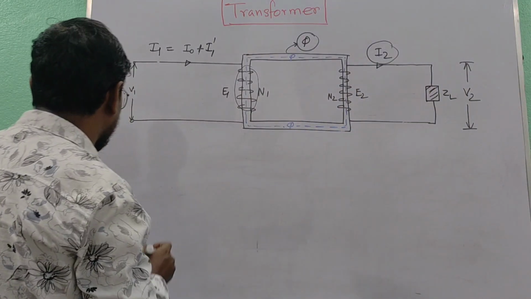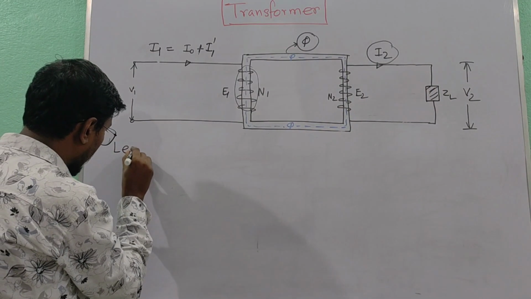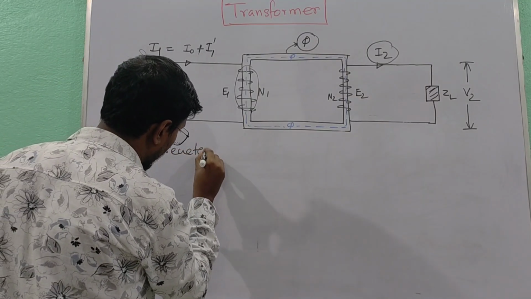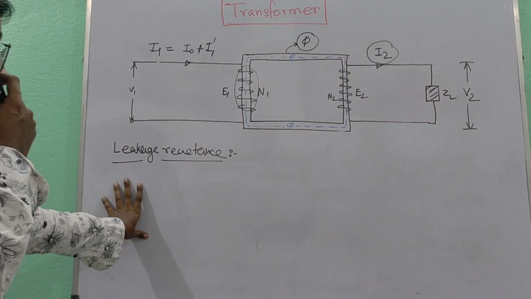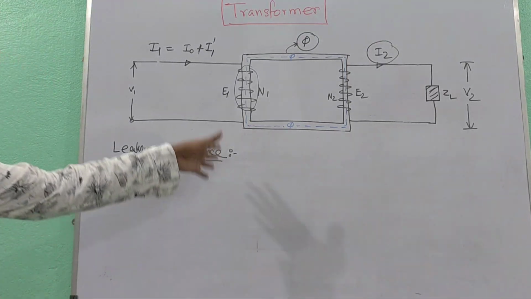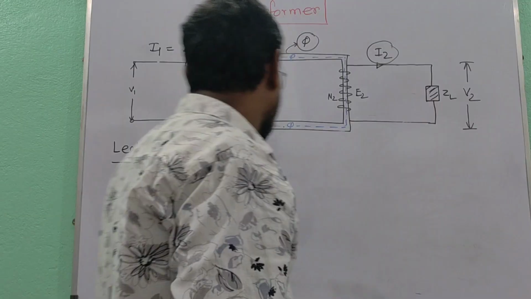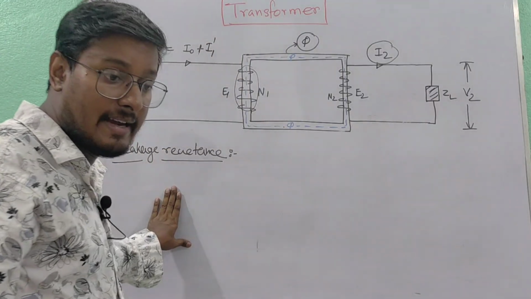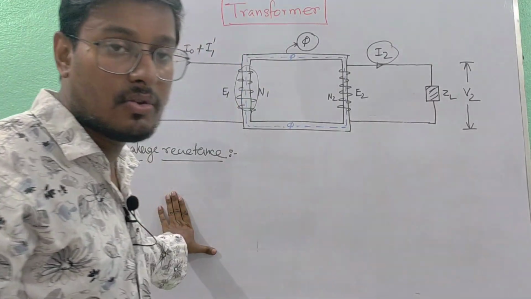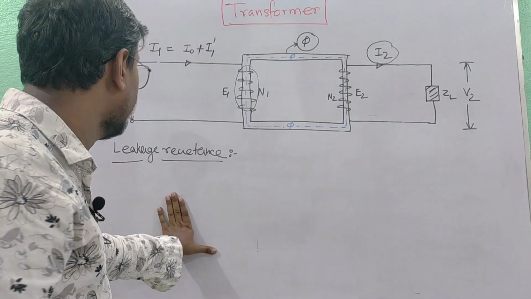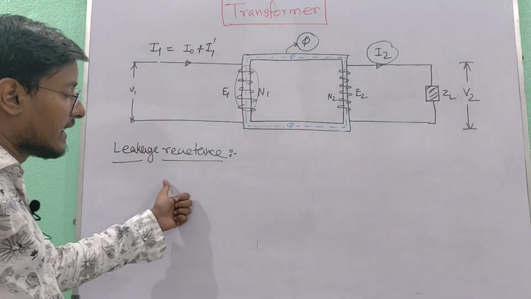Now the concept of leakage reactance. Whatever we have discussed so far is for ideal transformer, but in actual scenario there is a finite resistance which causes copper loss and voltage drop in them, and also there is some leakage reactance.